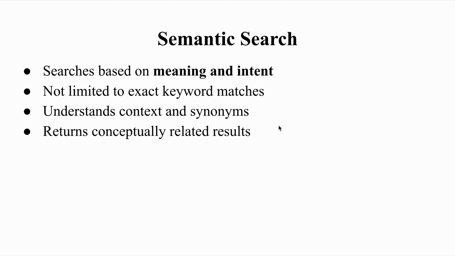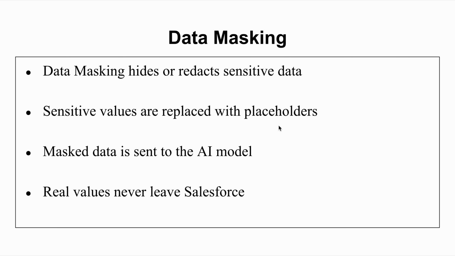So, what exactly happens in data masking is it will replace the sensitive data with placeholders. For example, if I say Cumulus Financial contact number is something 123456. Now here Cumulus Financial is sensitive data because it has the name and the phone number.